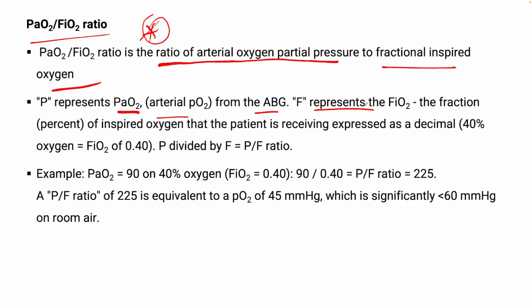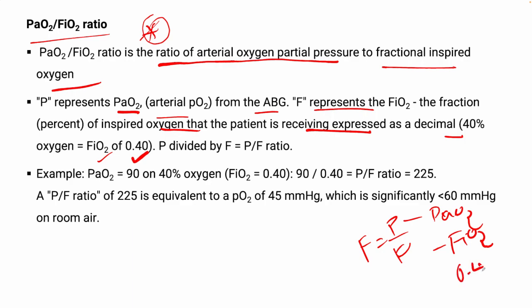F represents the FiO2, the fraction of inspired oxygen, which when given as a percentage is expressed as a decimal. So if you write 40% oxygen, then FiO2 will be mentioned as 0.40 in decimal, and P divided by F is equal to the PF ratio. So they will write like this: P will denote PaO2 and F will denote FiO2, where FiO2 will be written in a decimal way.